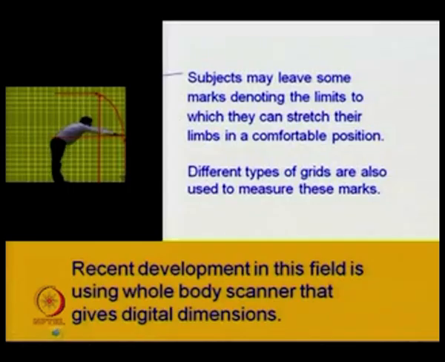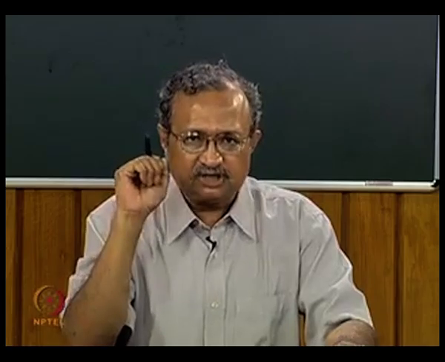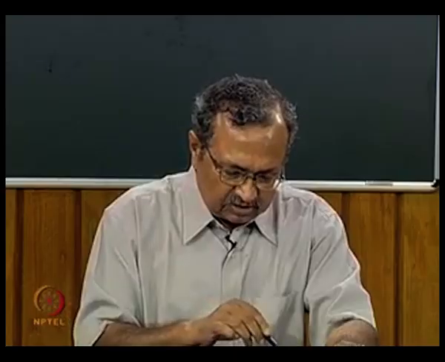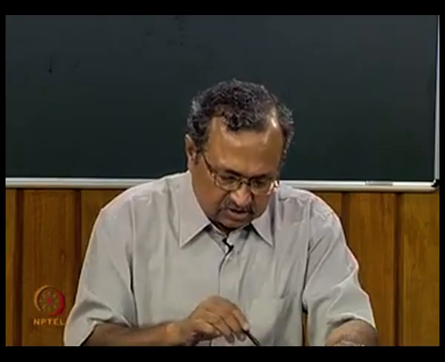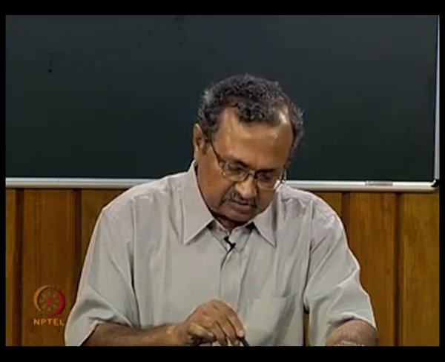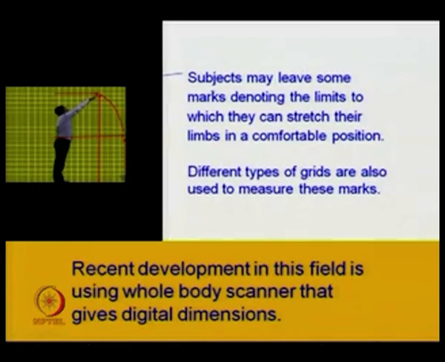Now, another thing is that when we measure the dynamic reach values, so in this case the left hand figure says that, when we are measuring the upper comfortable reach and middle comfortable reach, the subject may leave some marks denoting the limits to which they can stretch their limbs in a comfortable position.